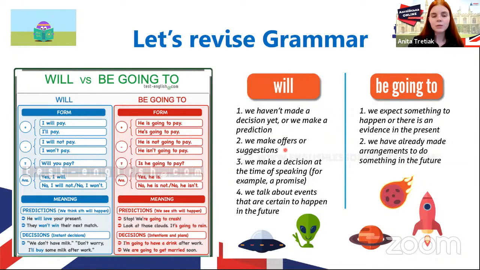Okay, let's have a look at be going to here. We expect something to happen, or there is an evidence in the present. So, what does it mean? Evidence in the present. You are somewhere outside, and everything was okay, the weather was super fine, and then you're looking at the sky and you can see really big black clouds, and this is an evidence for you that it can rain.